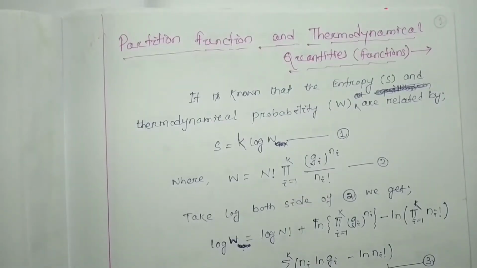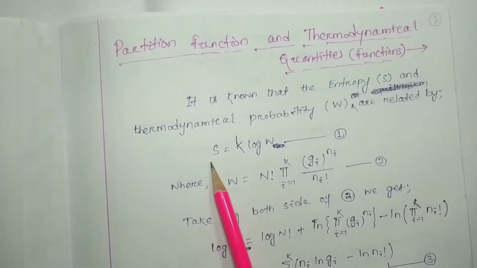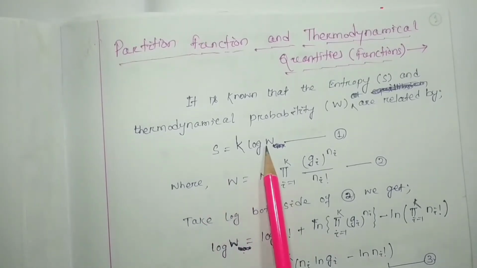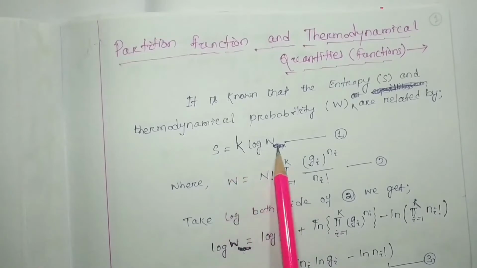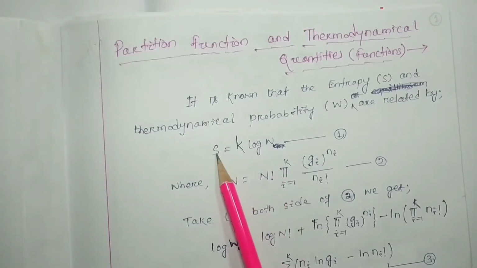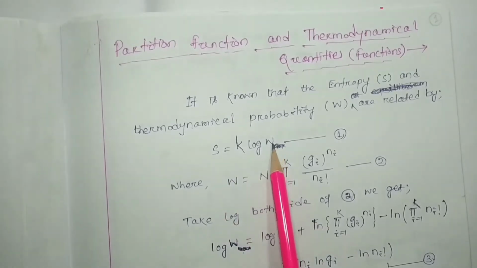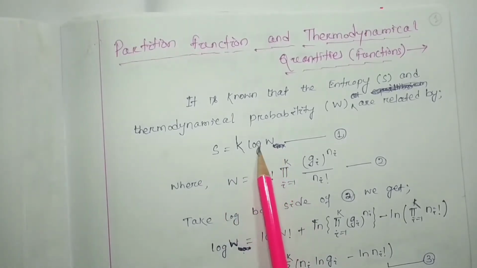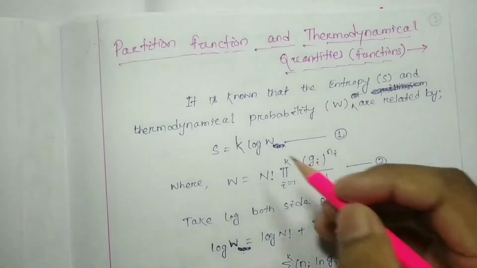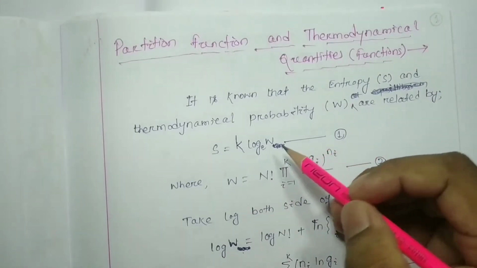From our previous classes we found that entropy is related to thermodynamical probability. That is, S equal to Boltzmann constant k ln W, natural logarithm.